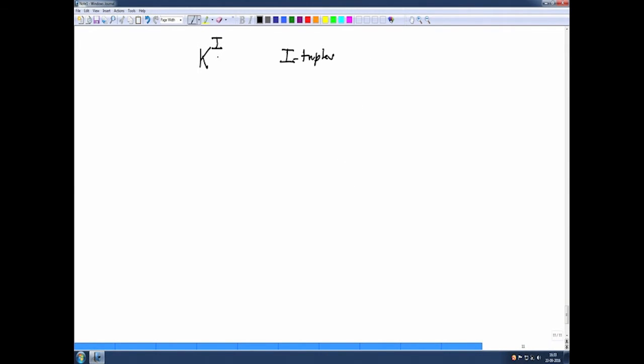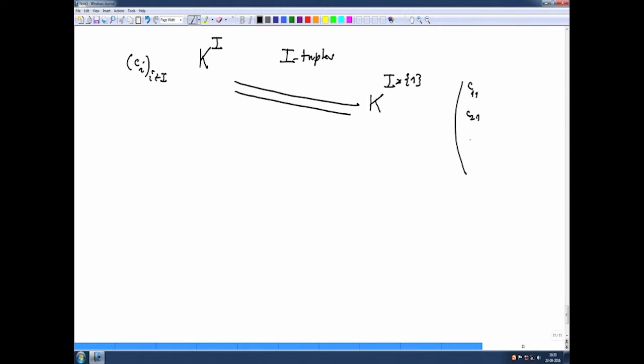So, instead of writing this, I would prefer to write it as k power I cross singleton 1. So, it will be the column. So, the vector here, instead of writing a tuple like this, Ci, i varies in I, I will write it as C11, C21, Ci1, Cm1.